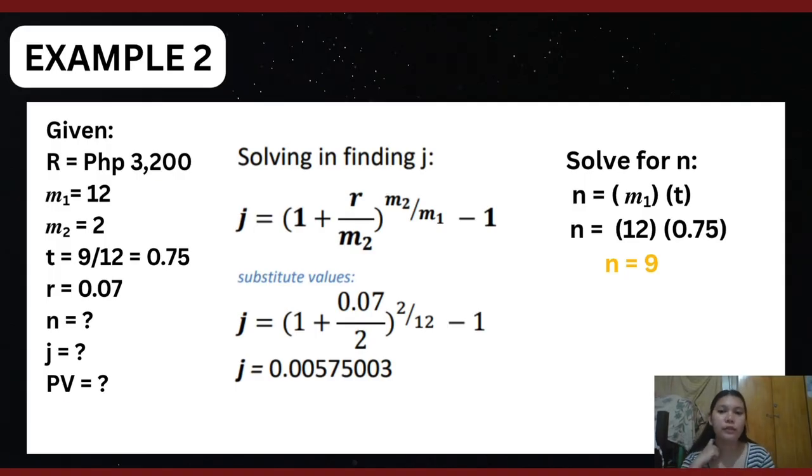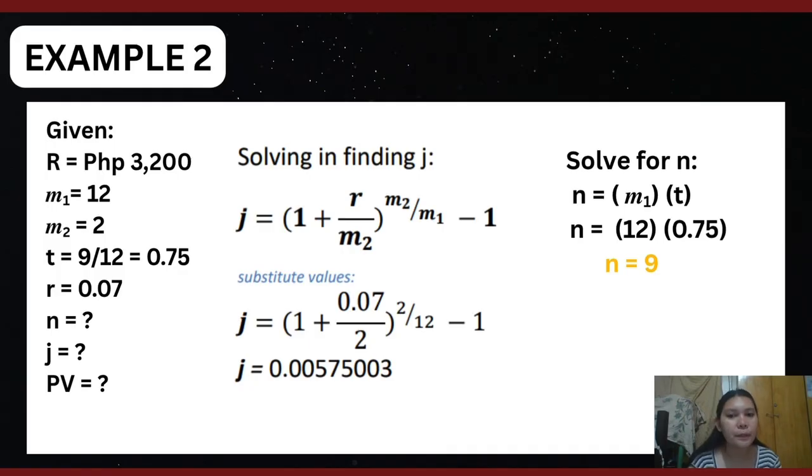So again, we need to find the n, j, and the present value. So the next step is to solve for j. So we need to use again the formula j is equal to the quantity of 1 plus r over m sub 2 raised to m sub 2 over m sub 1 minus 1. So again, substitute the values.